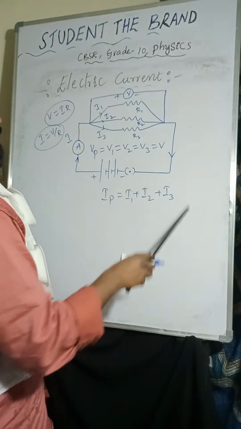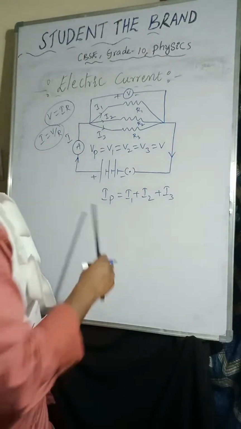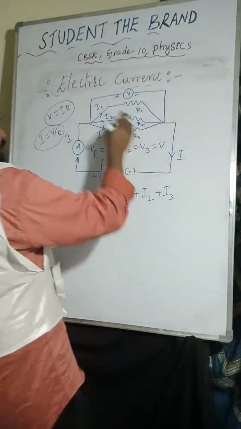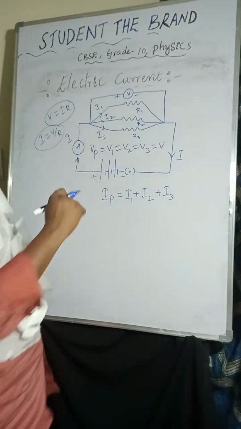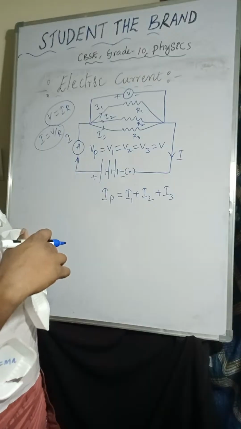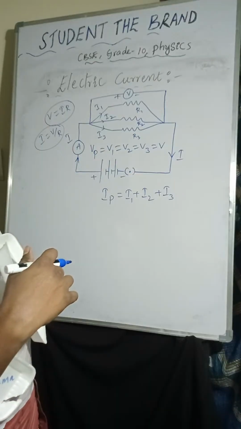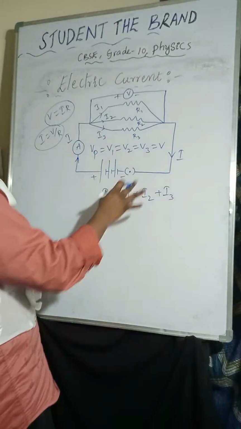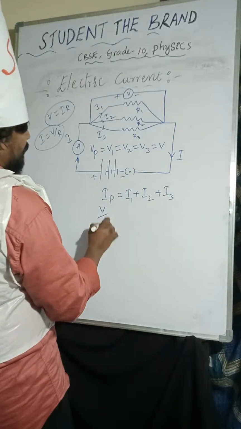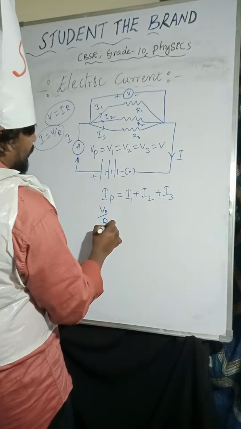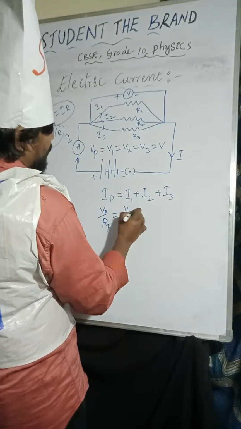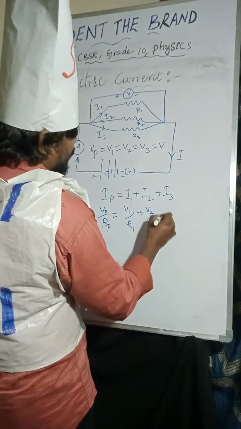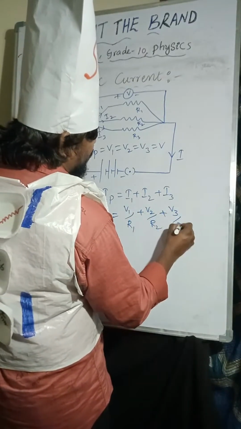Whatever the current is flowing through here is equal to I1 plus I2 plus I3. So that's why I'm taking Vp by Rp equal to V1 by R1 plus V2 by R2 plus V3 by R3.